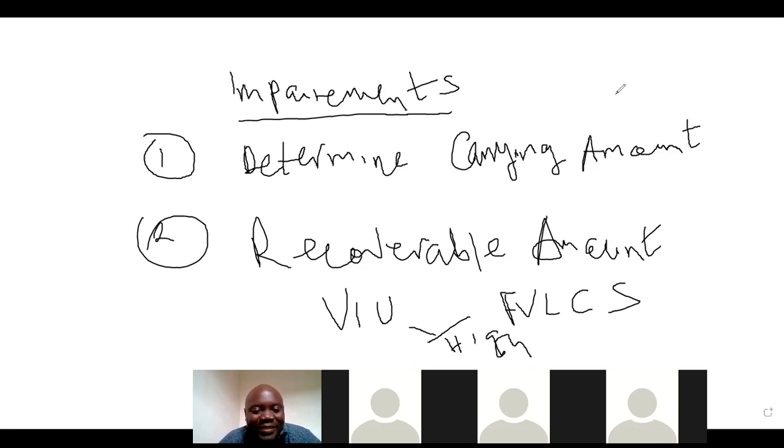Before we go there, Albert, if the carrying amount is lower than the recoverable amount, what did you say? So if you find that the carrying amount is lower than the recoverable amount, then it means that your assets have been understated.